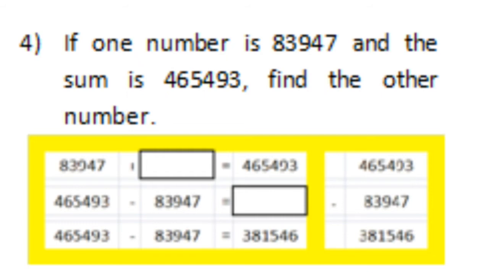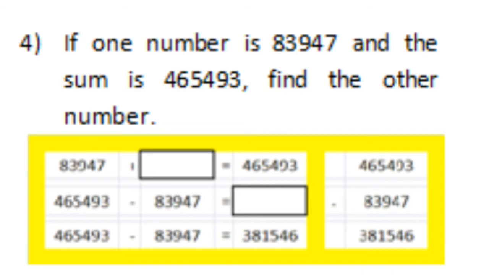Next, question number 4. If one number is 83,947 and the sum is 4,65,493, find the other number. The sum is given, 4,65,493.